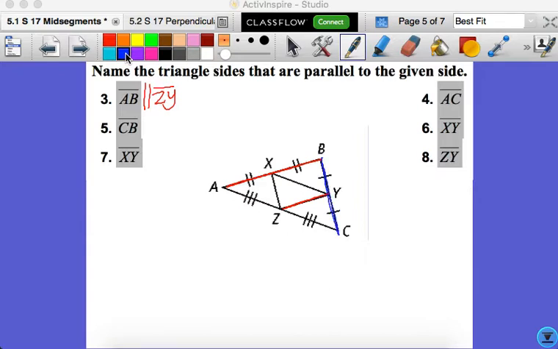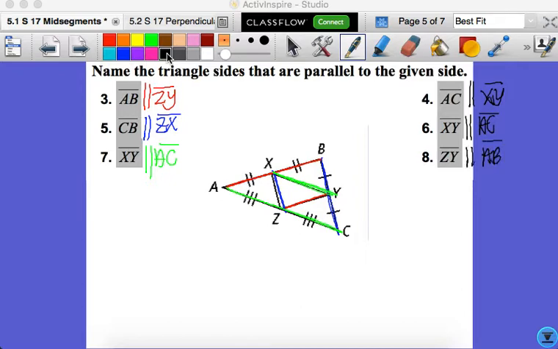CB is parallel to ZX, and put a parallel symbol here. And then XY is parallel to AC. On the other side over here, AC would be parallel to XY. Again, XY is parallel to AC. And ZY is parallel to AB.